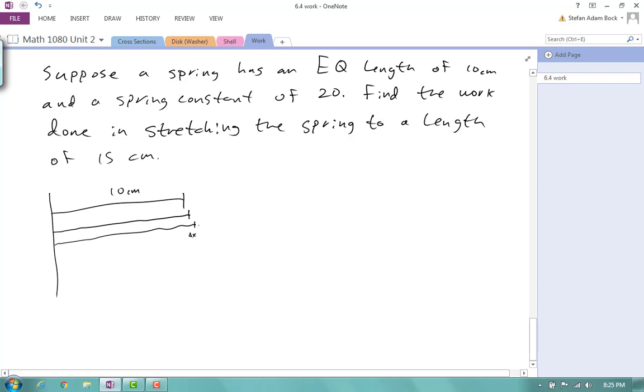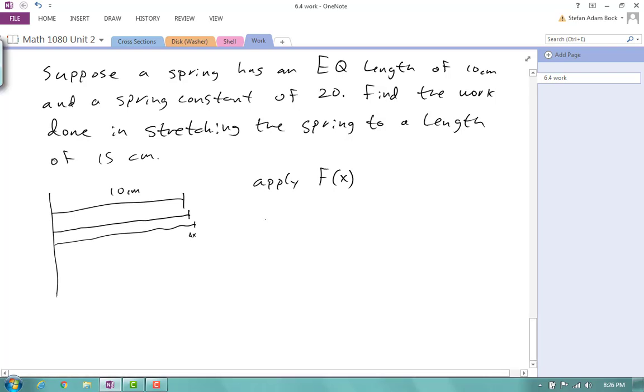And I'm going to keep doing that until I get to 15. So basically what I'm doing is I'm going to apply f of x amount of force, and the spring is going to move up to that point. And then I'm going to apply f of a little bit more x of force, and the spring is going to move up to that point.